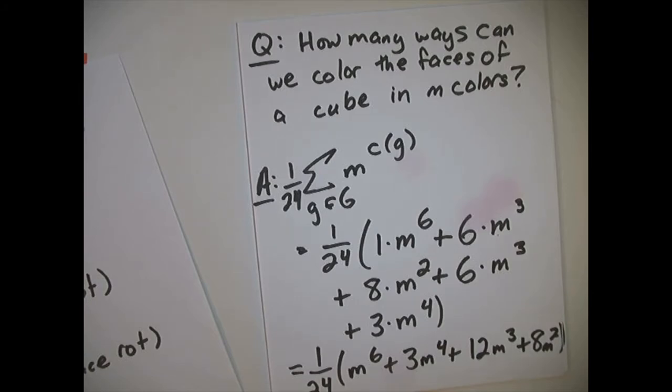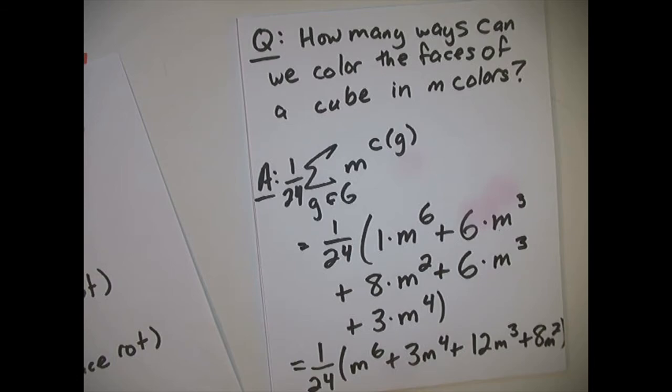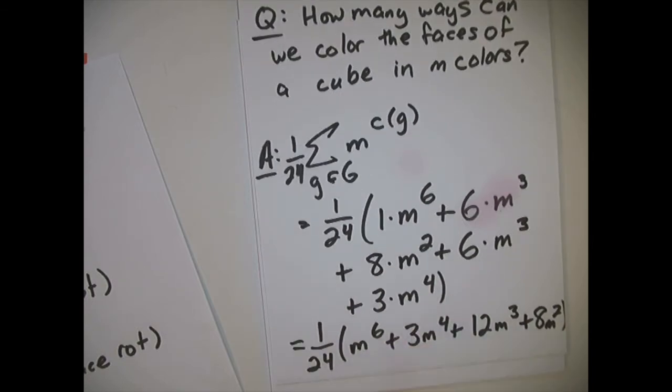Which is maybe not the most beautiful thing you've ever seen, but it's pretty cool, actually, I think, that this ends up being, of all things, a degree 6 polynomial in M. It's definitely worth remarking that this thing, given that it's an integer divided by 24, is not at all obviously an integer. But if we believe the theorem, we know this is an integer.